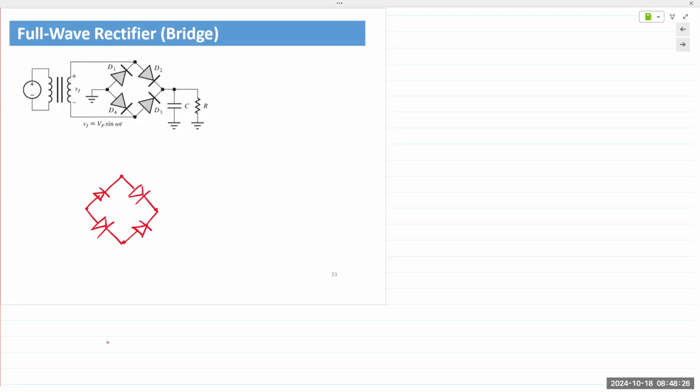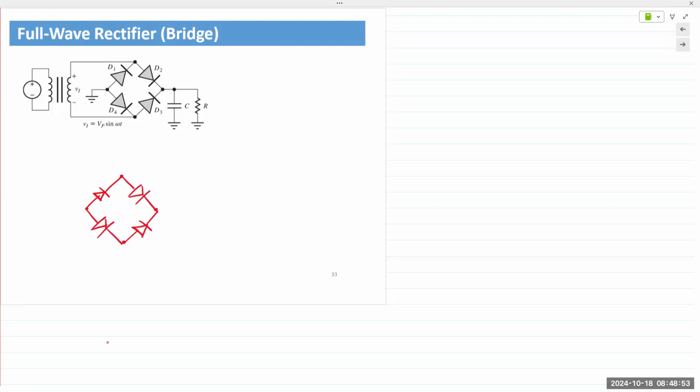And then take 5 seconds and look at the diagram. What do you see in terms of terminals, in terms of the anodes and the cathodes? So there are 2 terminals where the 2 anodes meet, and there are 2 terminals where the 2 cathodes meet. And there are 2 terminals where there's an anode and a cathode.